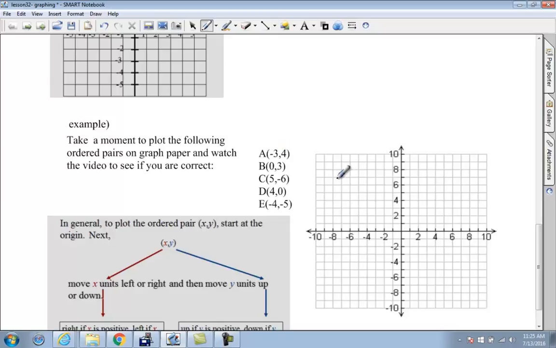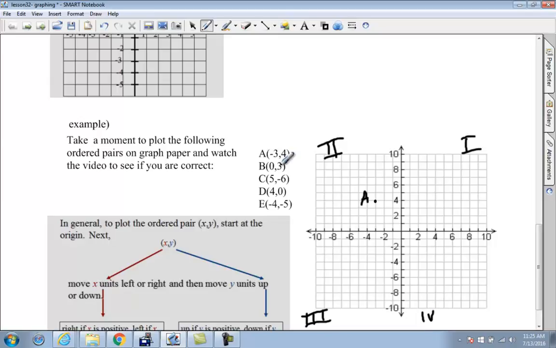So -3, 4. So that means 1, 2, 3. I'm going to go 3 to the left and up 4. 1, 2, 3, 4. So I'm going to land right here, and I'm going to call that A. Okay? So -3, 4 lands in quadrant 2. Let's practice writing our quadrants. Quad 2, quad 1, quad 3, and quad 4.